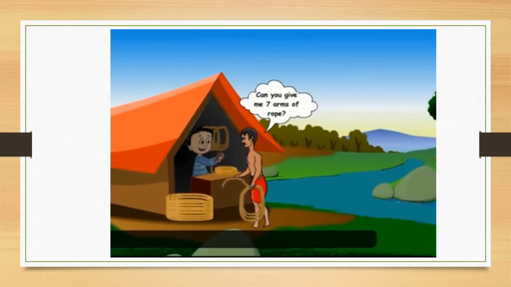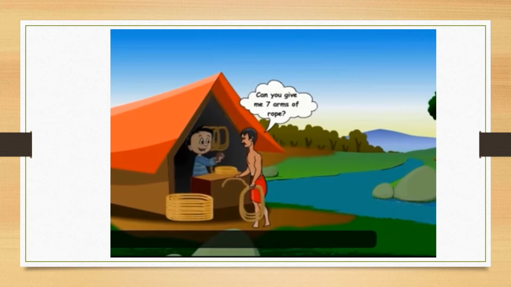But when the farmer measures that rope, the length of that rope is only 6 arms. So, what do you understand from this? Yes, the length of the arm of this boy is shorter than the arm of this man. So, there is a difference in length.